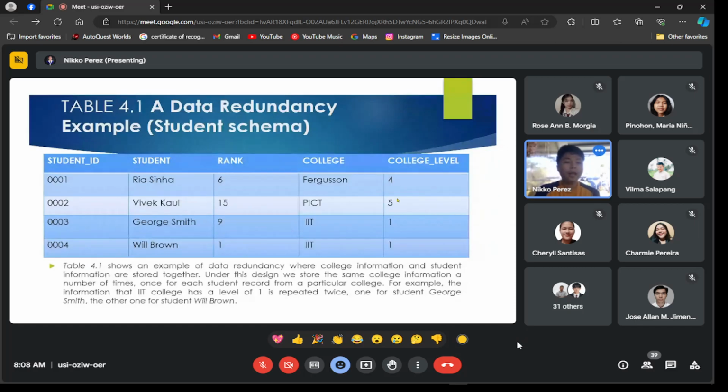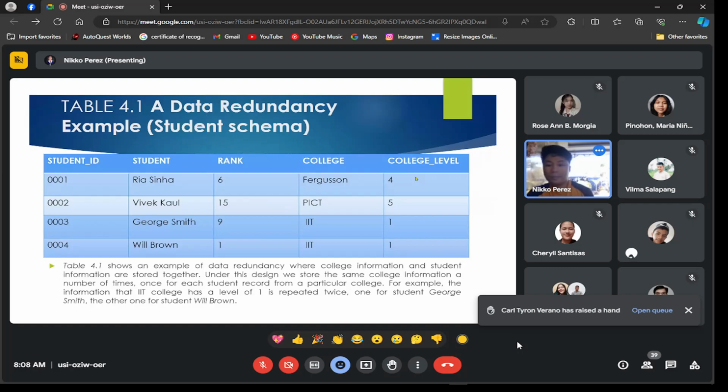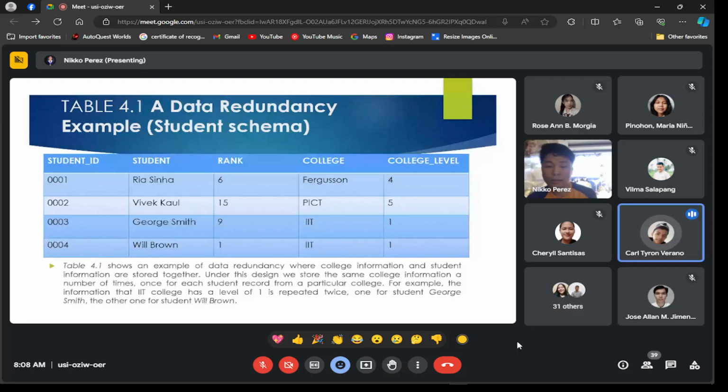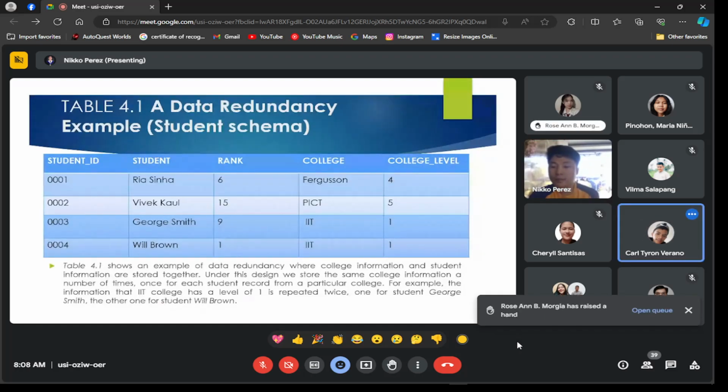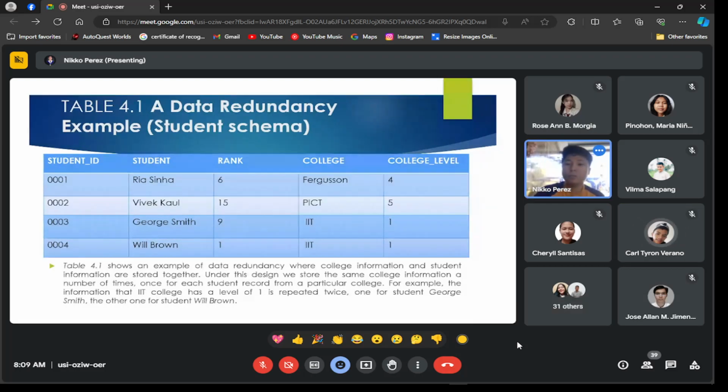But before that, did you spot a data redundancy on this table? Did you notice some data redundancy? Yes, Carl? Sir, in the college level, sir, like there's a repeat. Okay, in the college level, 1.